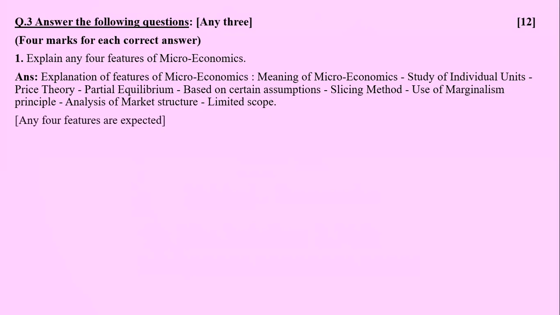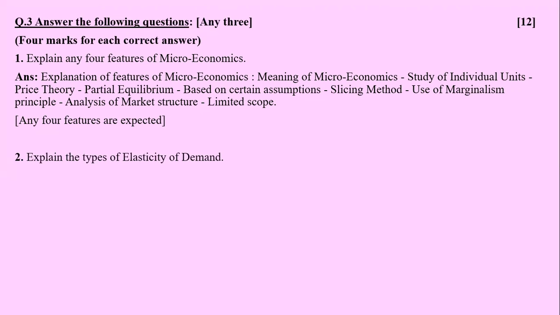Any 4 features are expected here. I have given here headings of each feature, and you have to explain any 4 of them. And most important, you have to write the meaning of microeconomics first and then explain its features.